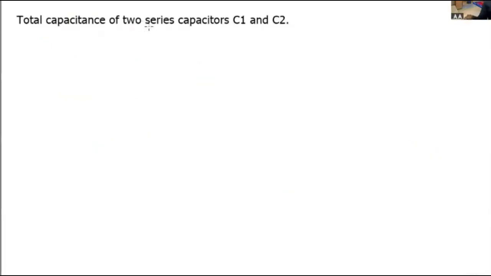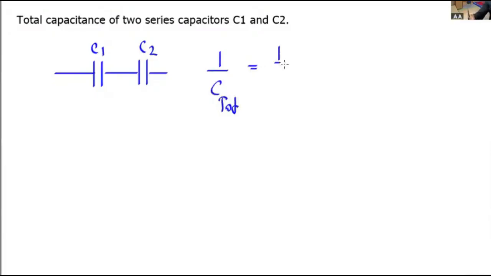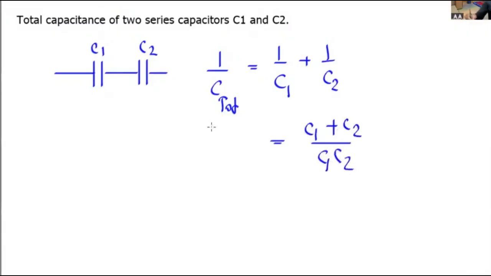Okay, write this example. Total capacitance of two series capacitors C1 and C2. C1 and C2 are in series. To get the total capacitance, 1 over C total equals 1 over C1 plus 1 over C2. Then you can take the common denominator: C1 plus C2 over C1 into C2.